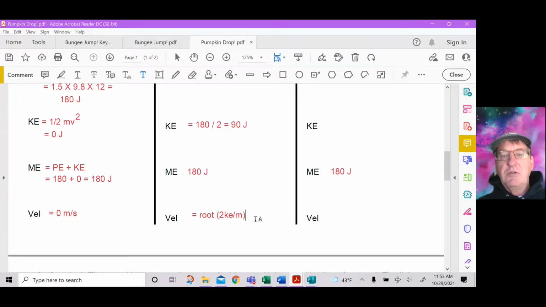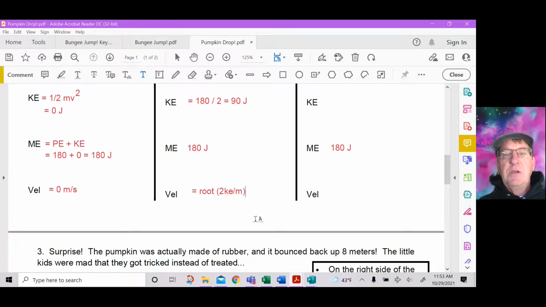That's the equation we're using, right? So how am I going to do that? I'm going to go from the inside out. Start with 2ke. So 2 times 90 is where I begin. I divide that by m.